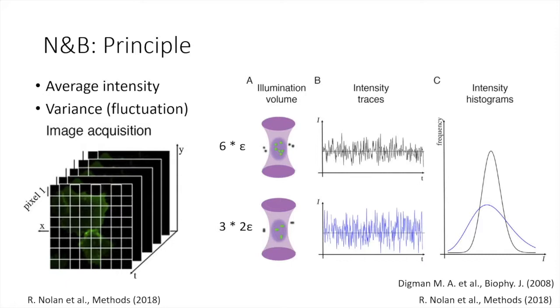However, the fluctuation for the two is different, because when dimers leave the focal volume, you will see more obvious fluctuation. So by looking at the variance over the average, you will see the difference between dimer and monomer. This is the basic idea of number and brightness. You can see here the fluctuation for the dimer is more than the monomer.